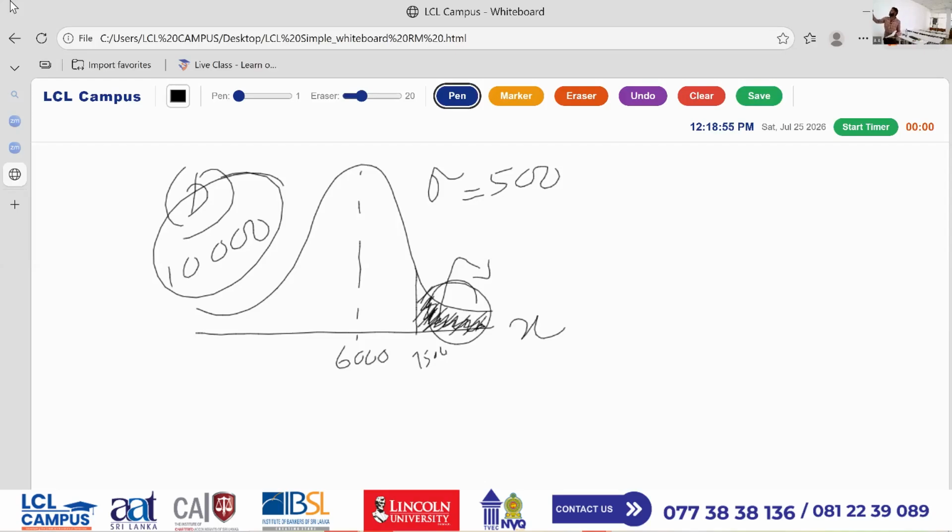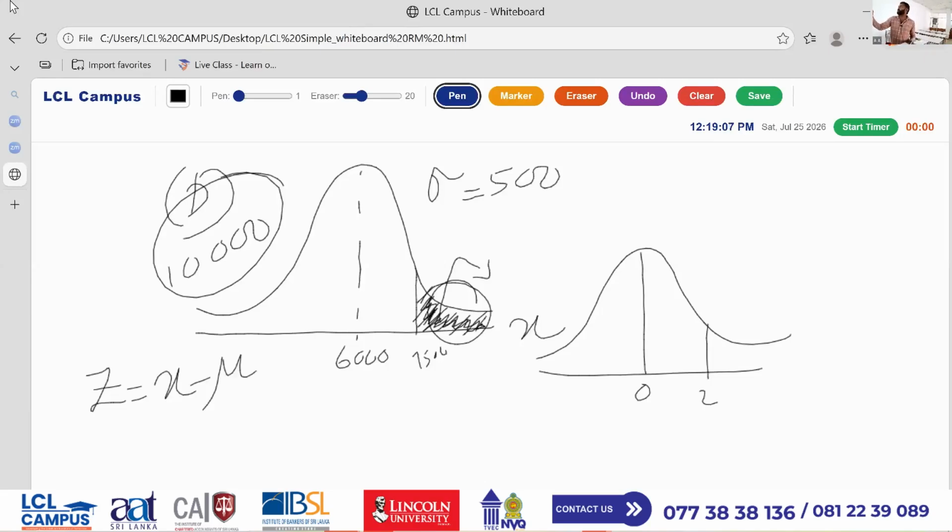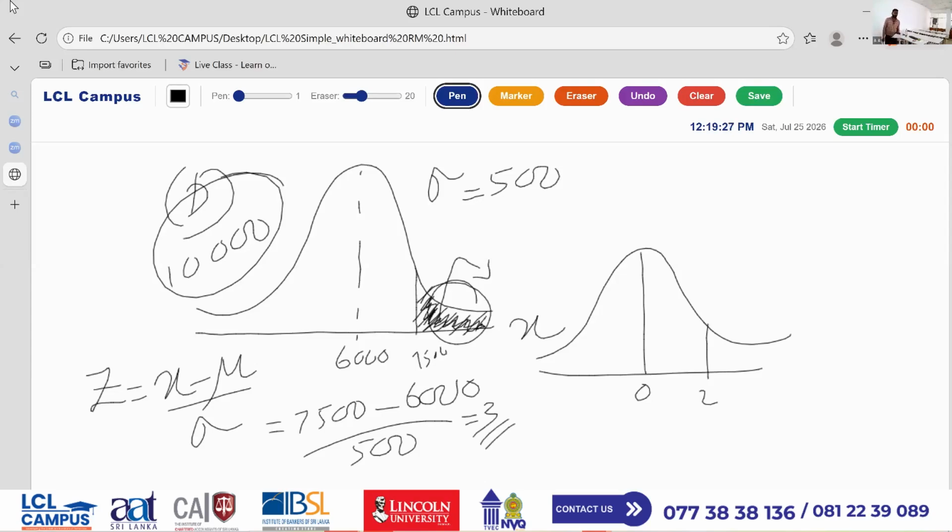First convert this into Z. Z equals x minus mu over standard deviation. X is 7,500 minus mean 6,000 over standard deviation 500. 1,500 divided by 500 is 3. Then Z equals 3.